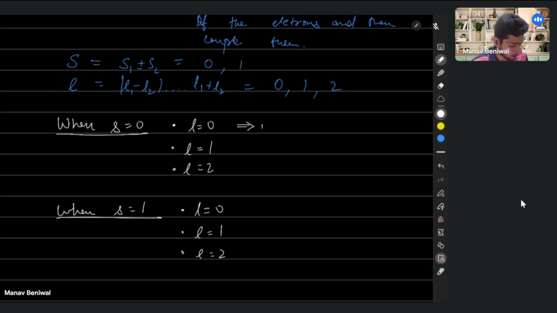So this will imply that J is 0, this will imply J is 1, and this will imply J is 2.